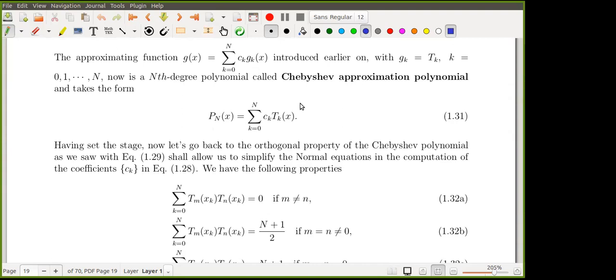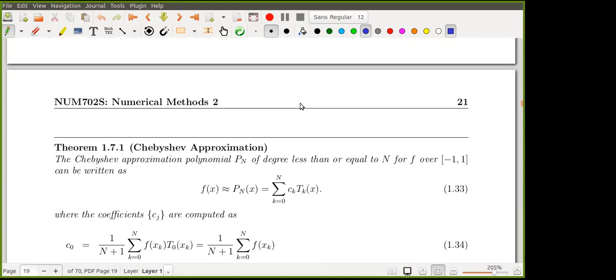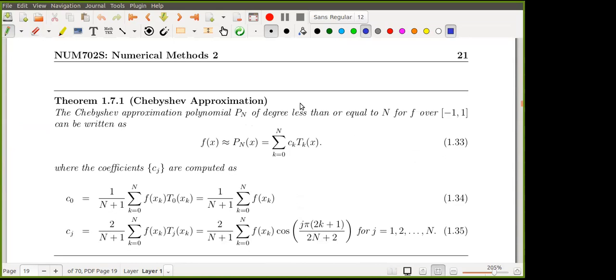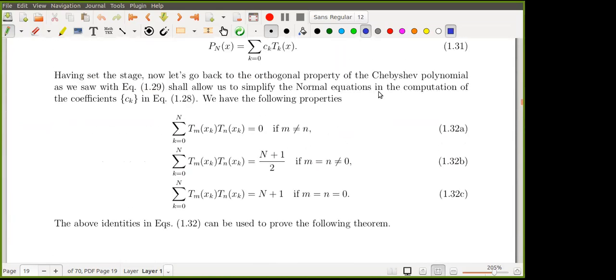Okay, now we are going to look at the orthogonality property of the Chebyshev polynomial. And for that purpose, we have two possibilities, the discrete case and the continuous case. We can start with the continuous case. This is the discrete case given by this result. It's even an assignment that I gave you.